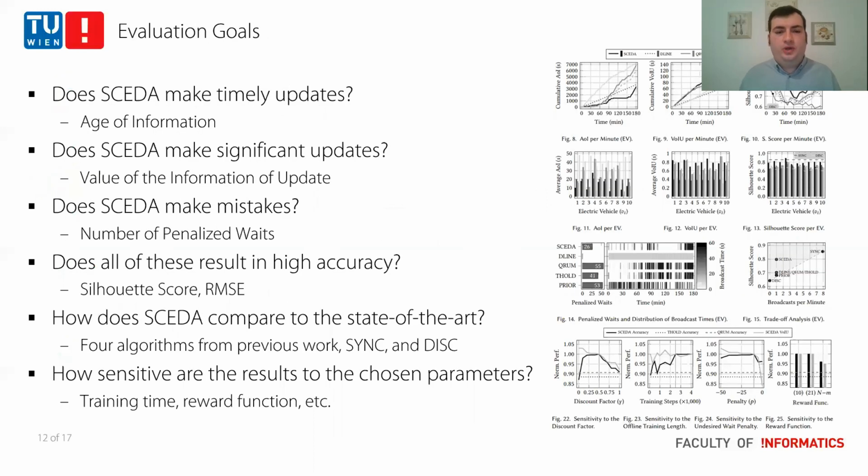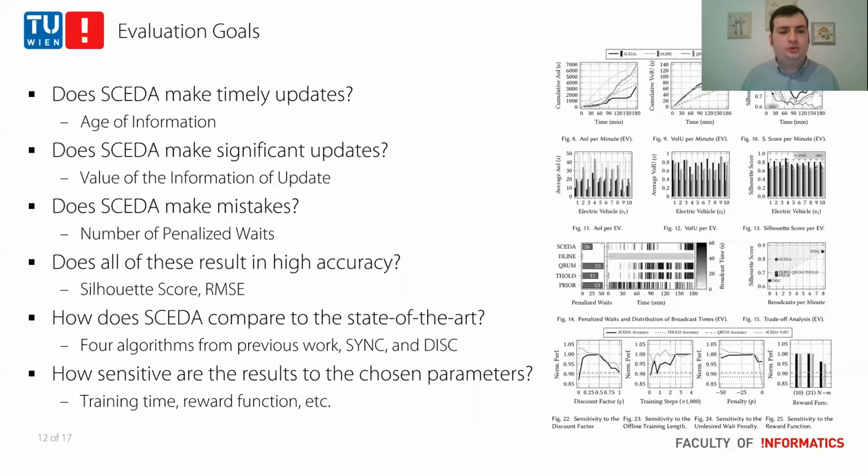So to evaluate SCADA, we define some evaluation goals. First, we want to know if SCADA makes timely updates. For this, we use the metric from the literature called age of information. Second, we want to know if these updates are significant. For that, we used another metric called value of information of updates.